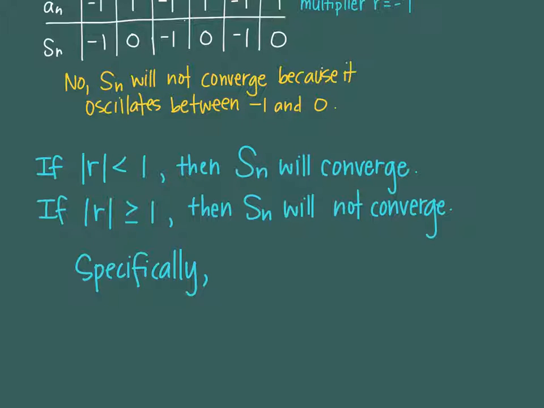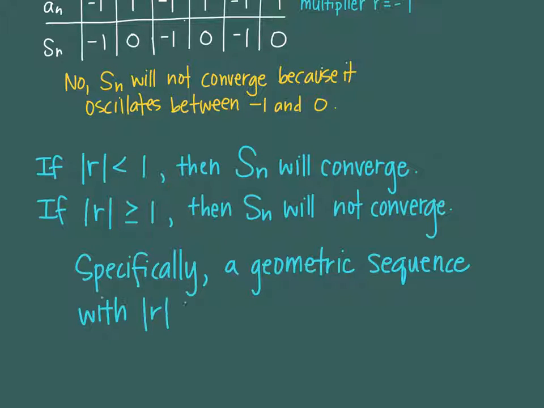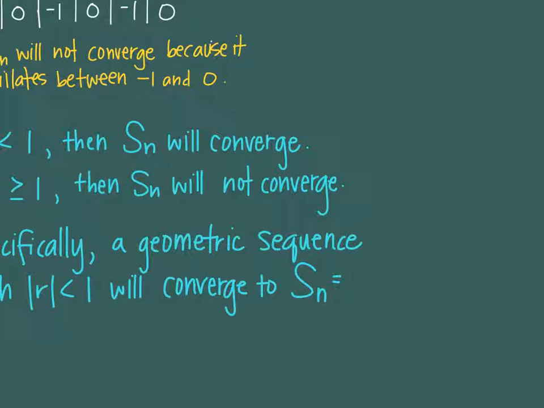All right, a geometric sequence, which is always based on multiplication, that has absolute value of R less than 1 will converge to the following sum: the first term divided by 1 minus the multiplier.